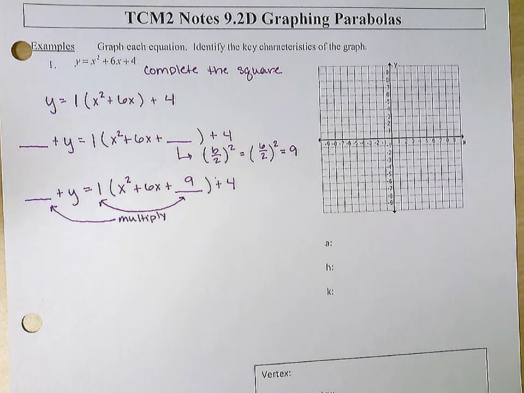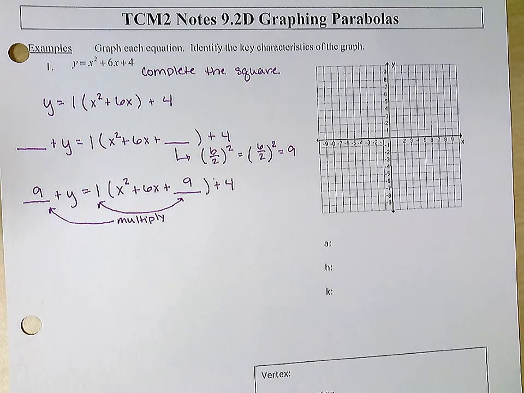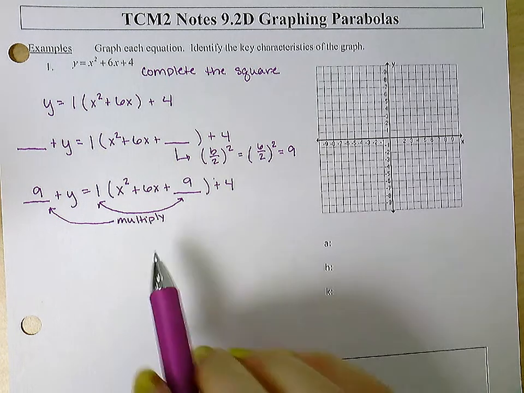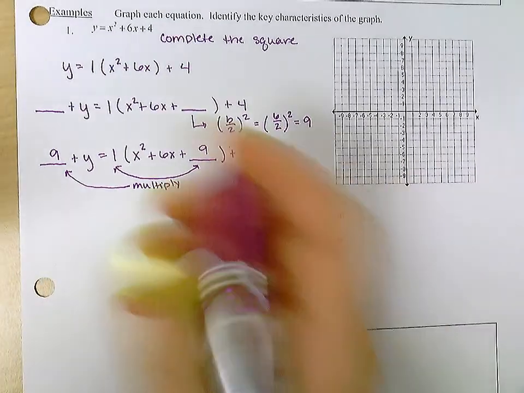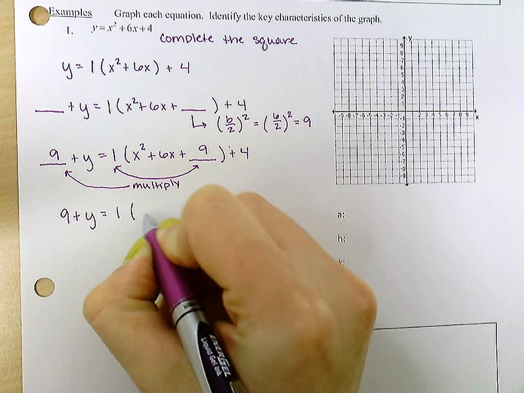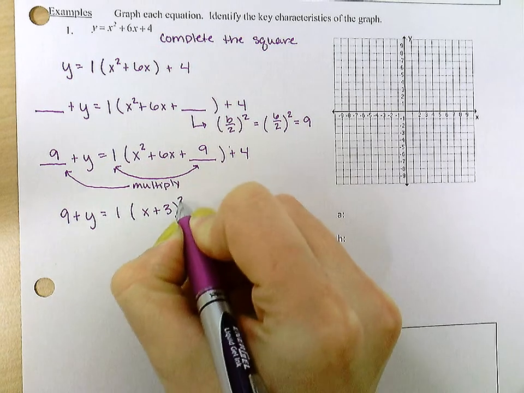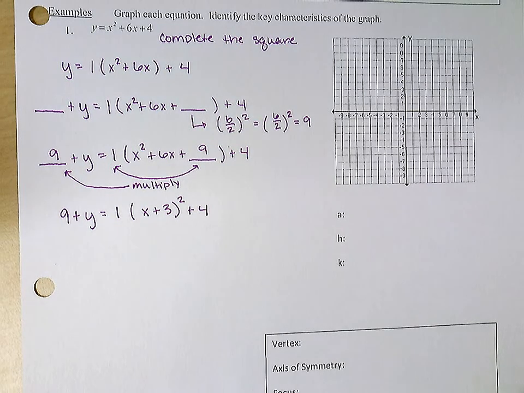Since it's just a 1, it is still just going to be 9. So from here I can factor this quantity, and it should factor into 2 of the same number. That's what completing the square does. So we have 9 plus y is equal to 1 times x plus 3 quantity squared plus 4. All I did was factor that x squared plus 6x plus 9.